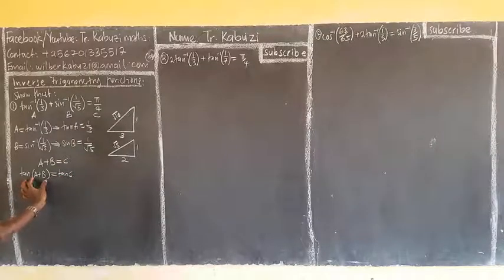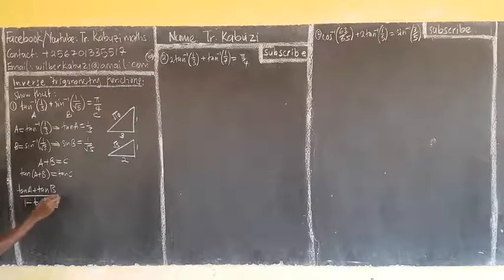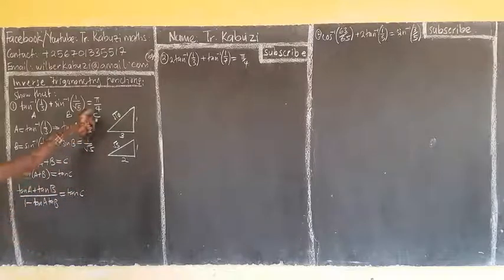You know how we expand this using tan: tan A plus tan B over 1 minus tan A tan B is equal to our tan C. But we know that C is this.